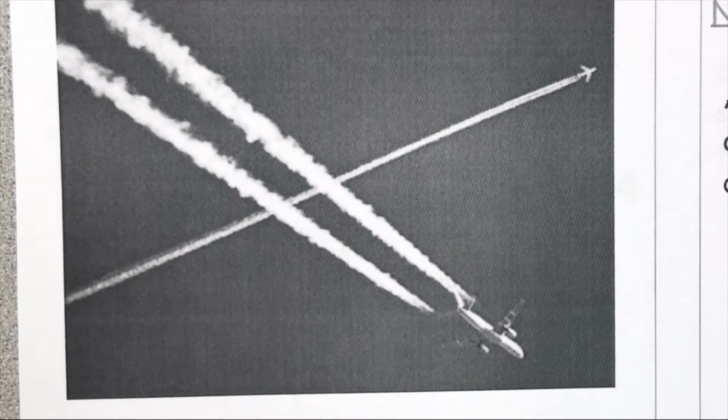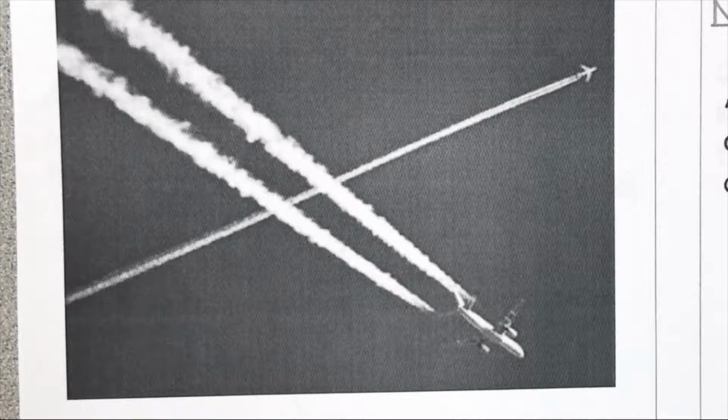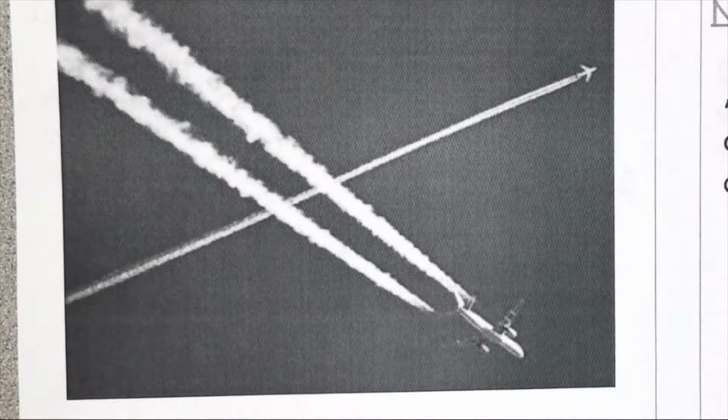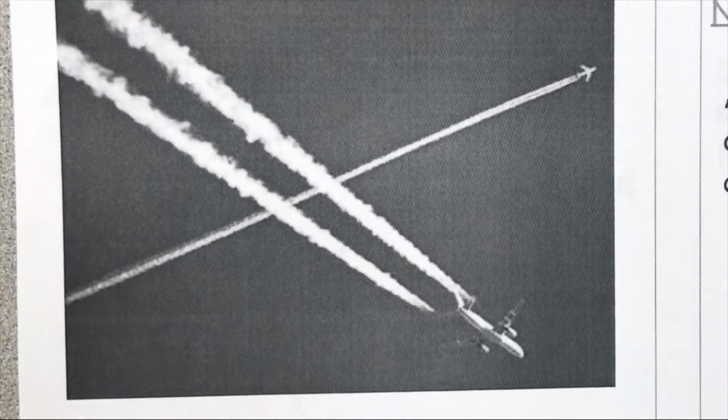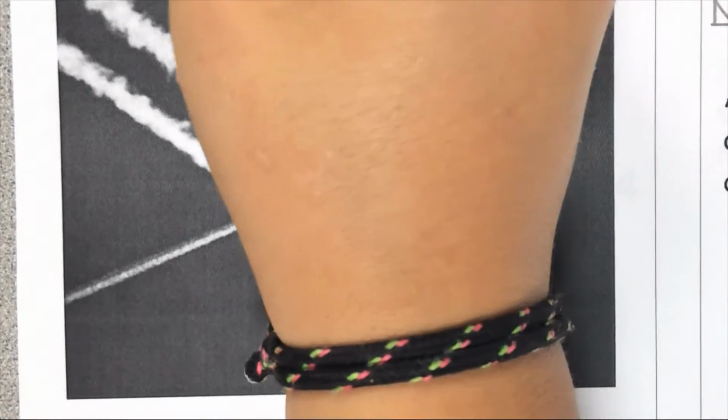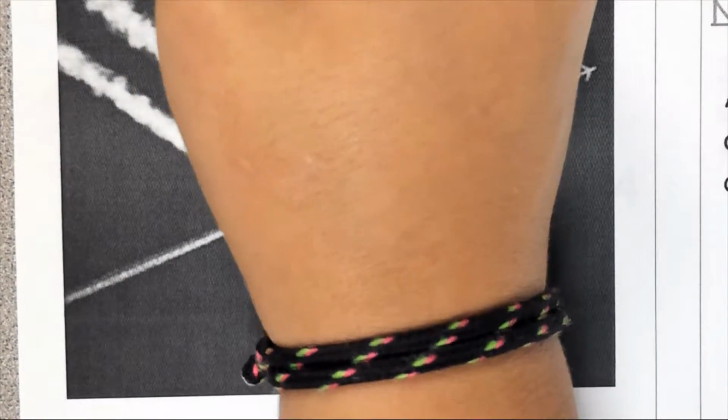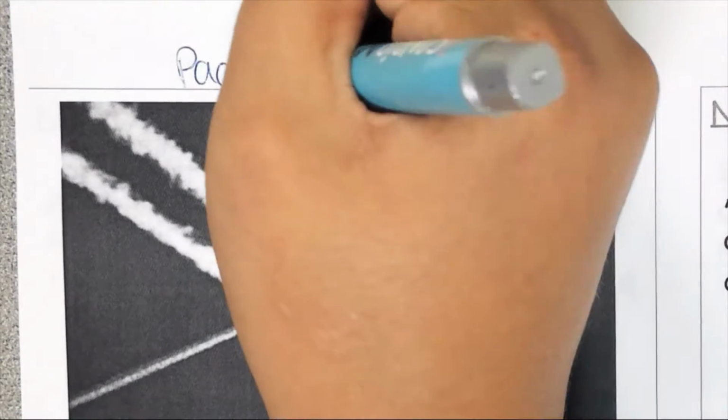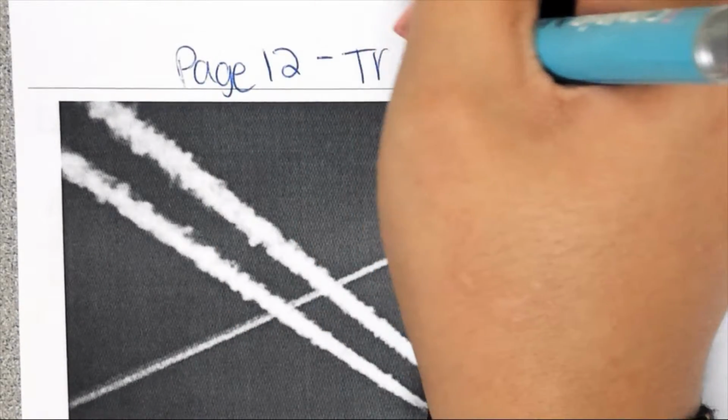So I need you to get out your notebooks. We are adding a page 12, and we are going to call this page 12 Transversals. So add page 12 is in your table of contents.